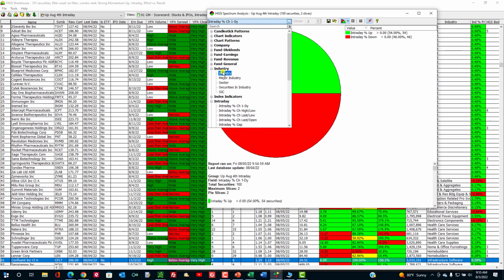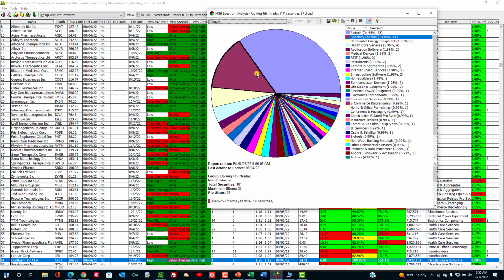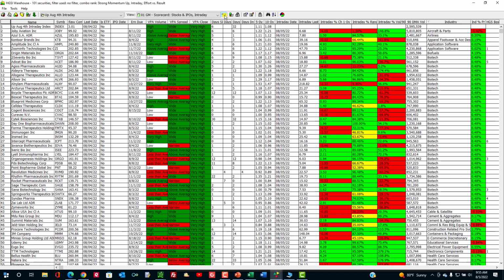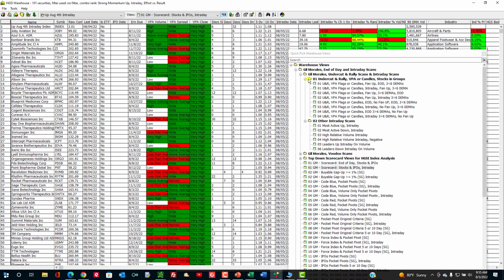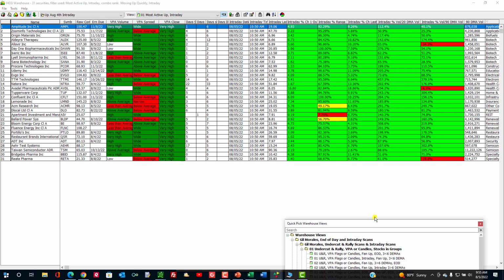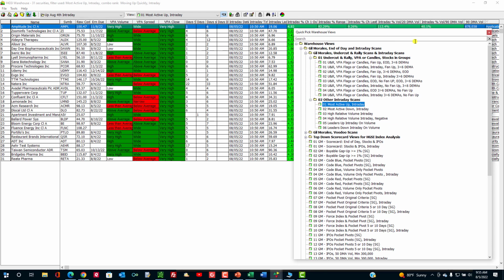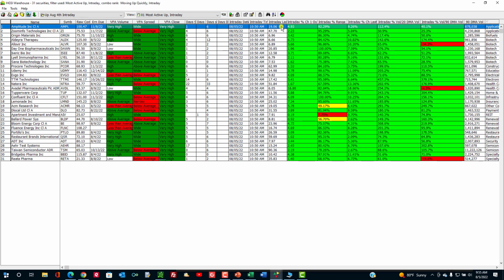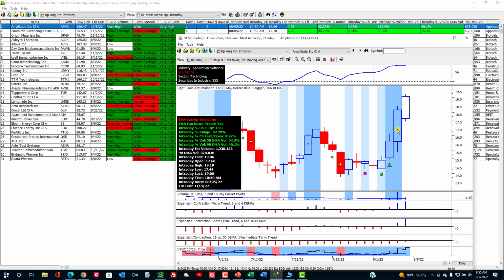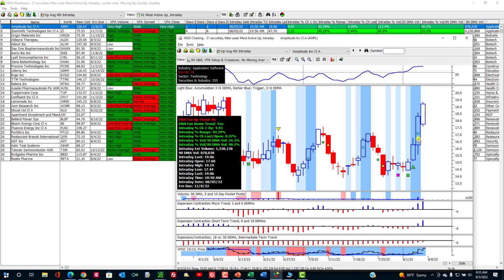Let me get back here. I want to go to the industry. A lot of biotech, specialty pharma, and so on. But let's take this same list. And I'm going to go back up here to Gil's files. Other intraday scans. These are the most active up today. So out of the 100 yesterday, you can see that several of these are following through. They would have been excellent trades. Let's just flip through these.